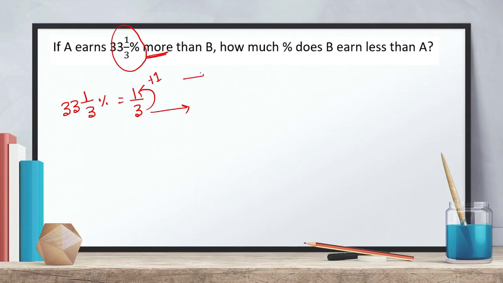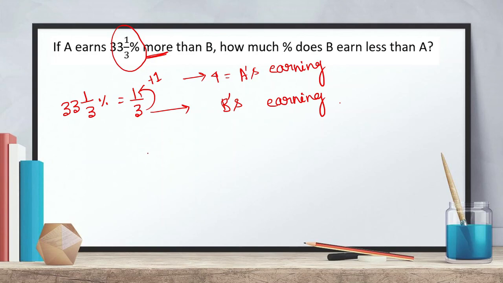So 3 plus 1 equals 4, which is A's earning, and 3 is B's earning, because it is given that A earns more than B. So if B earns 3, then A's earning is 4. Now the question is, how much percentage does B earn less than A? So how do we find that?